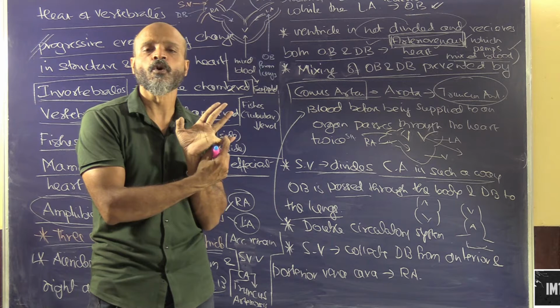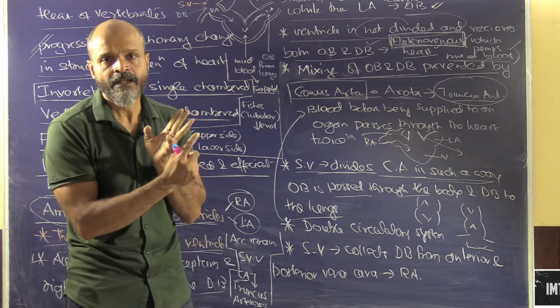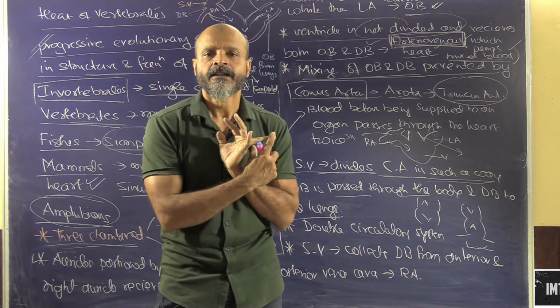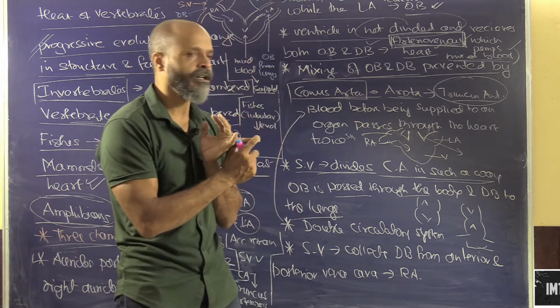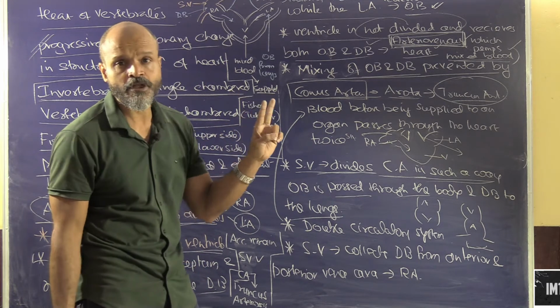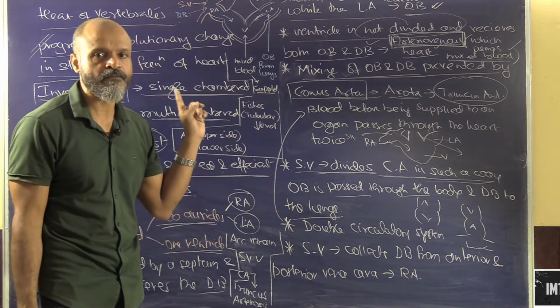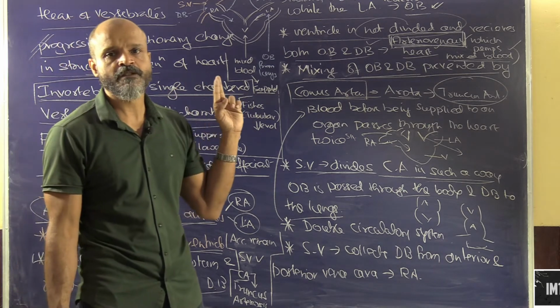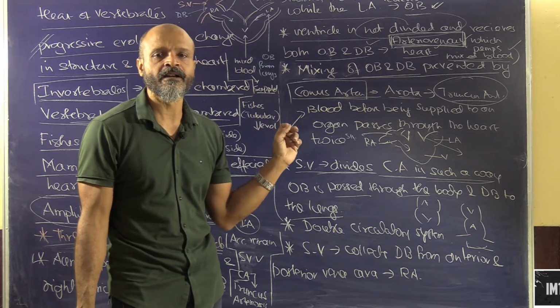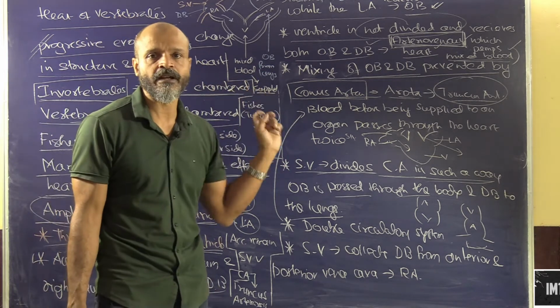So what we have noticed as the primary differences between fishes and amphibians is that fishes are only two chambered, that is one auricle and one ventricle, whereas amphibians are three chambered, which is basically a left auricle, a right auricle and a ventricle.